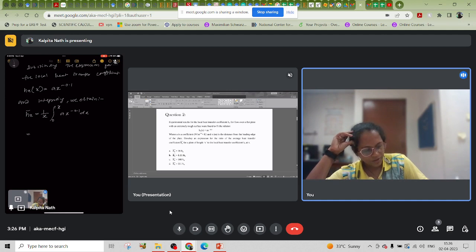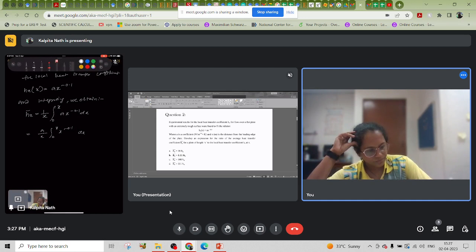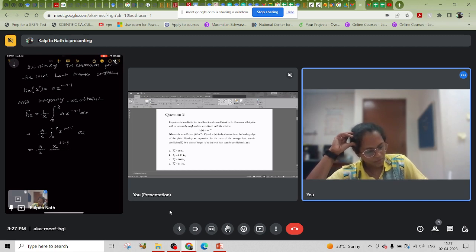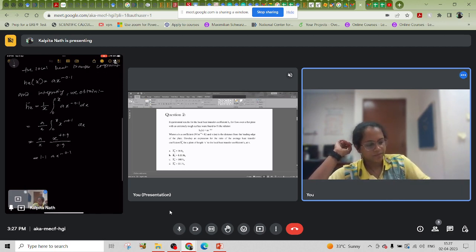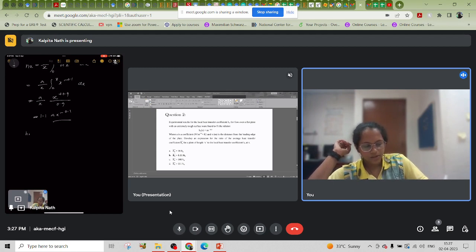So we put it here and it will come as a upon x, integral 0 to x of x to the power minus 0.1 dx. It is equal to a by x times x to the power plus 0.9 upon 0.9. And this comes out to be 1.11 a x to the power minus 0.1, and this is hx again. So hx bar is equal to 1.11 hx.